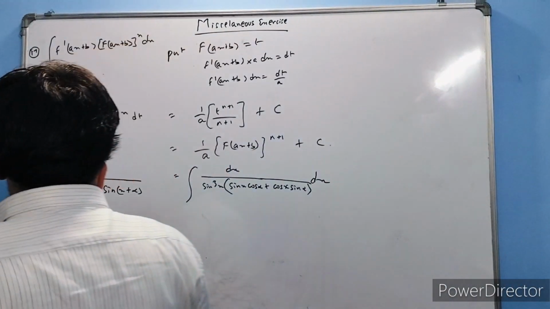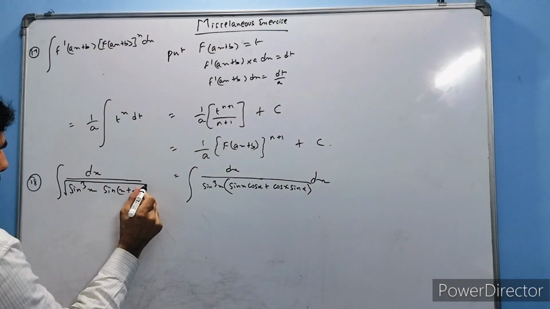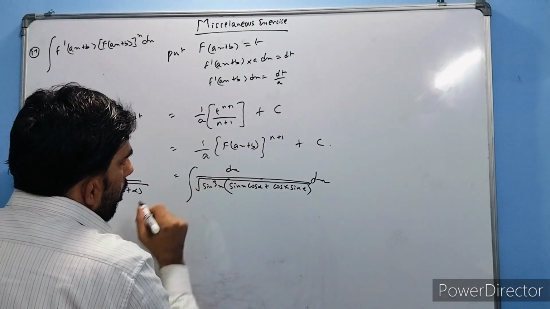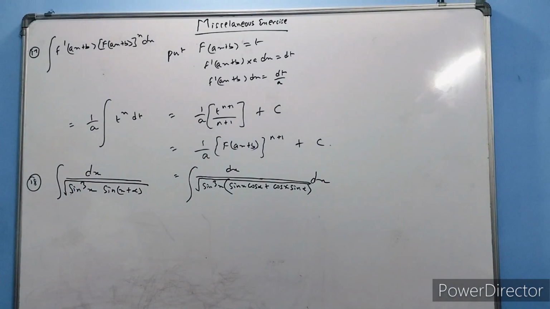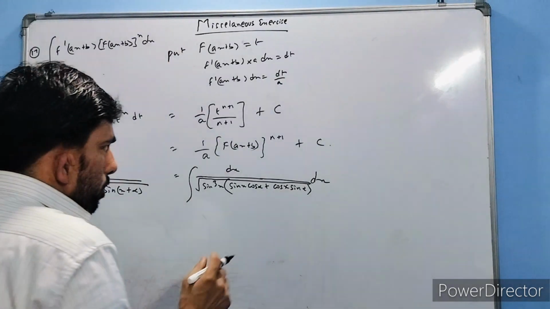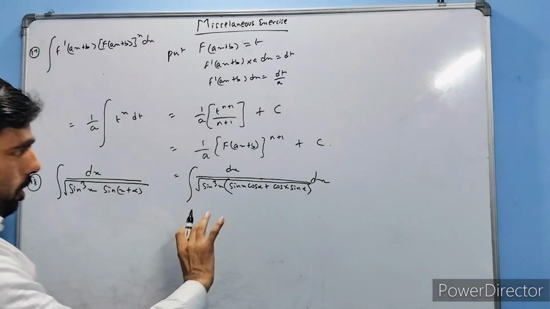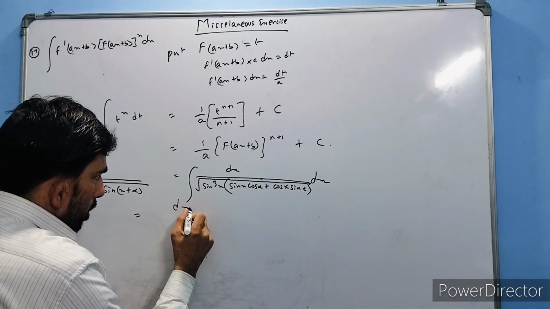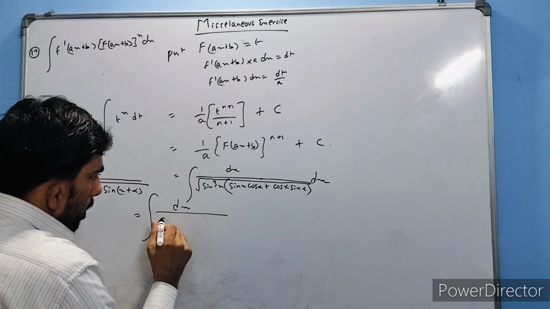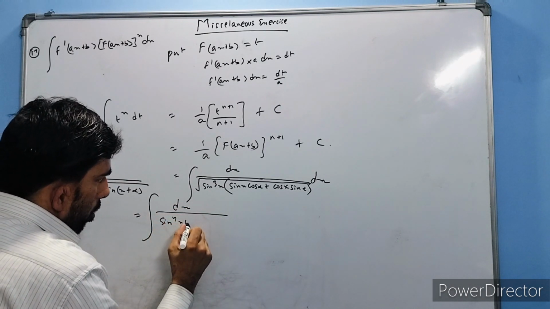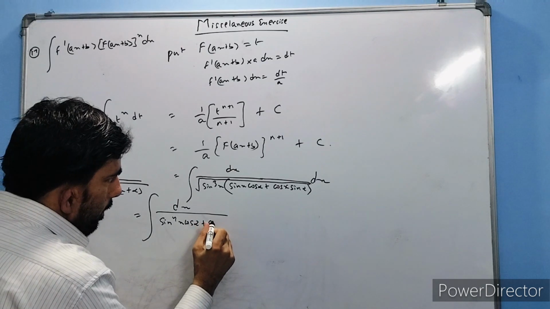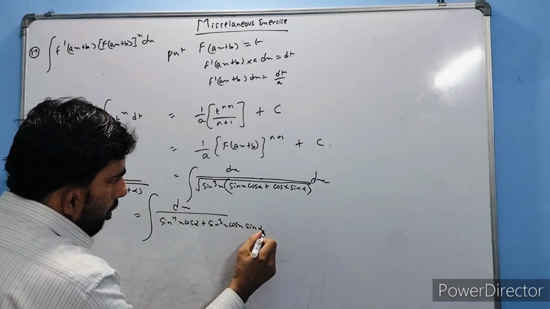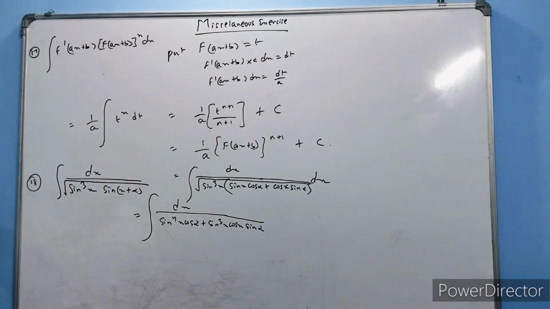This is given in the root, so we have to take care of this also, that this thing is given in the root. Now we have applied that formula. Now multiply inside with sine cube x. So I will get dx upon sine power 4x cos alpha plus sine cube x cos x sine alpha. This is what we have.